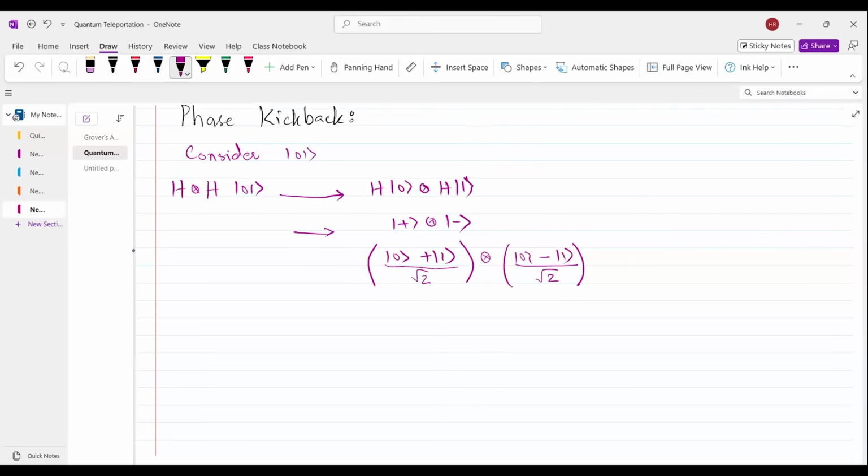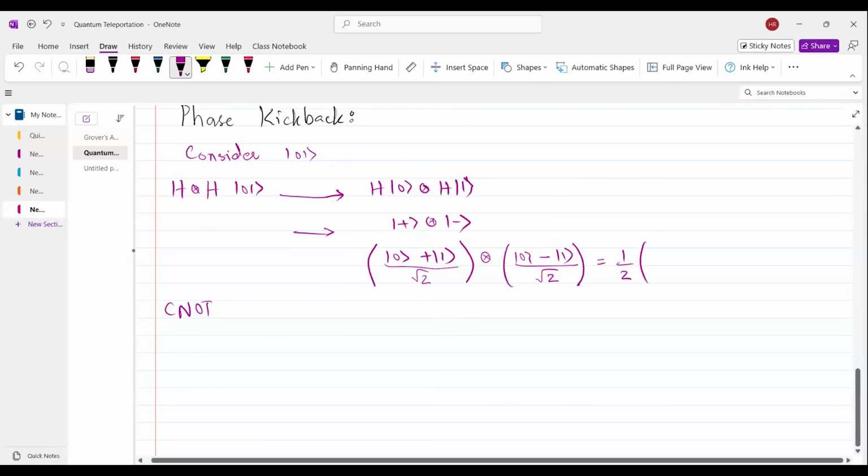Next, we apply the CNOT operator, such that the first qubit is the control qubit and the second qubit is the target qubit. So let me expand this as well, since it becomes easier when we are working with it.